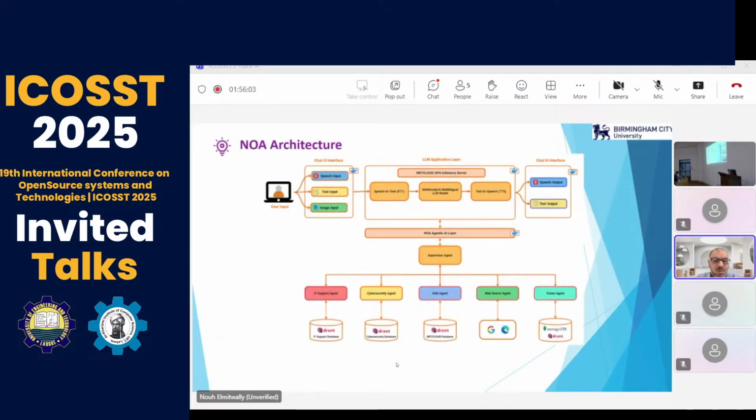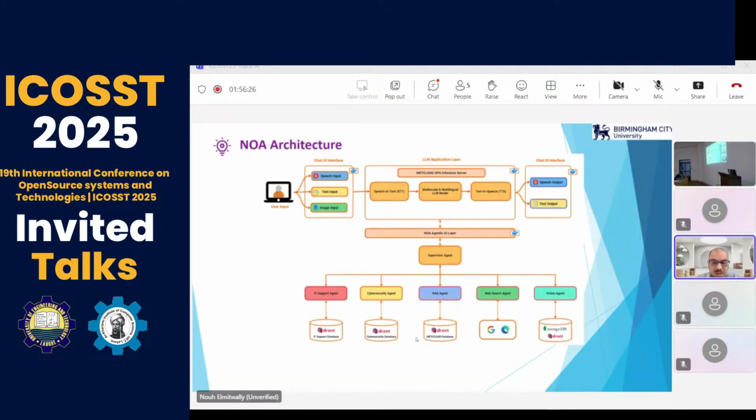I'm showing you good news: this application is going to be called Noah, according to my name. This diagram shows, for the first time, the Noah architecture, the neuro-operated assistant.